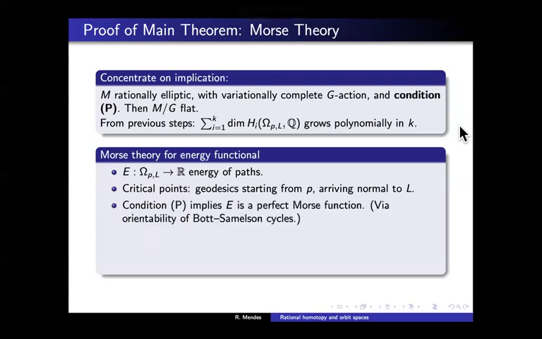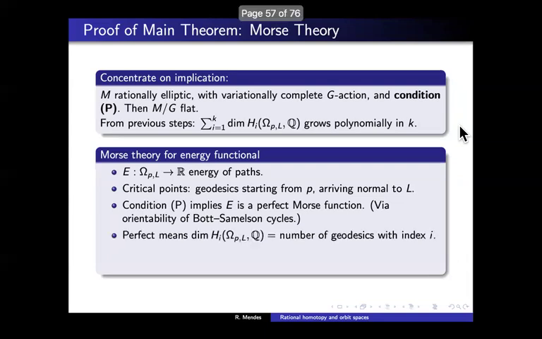Now, the condition P implies that this energy functional is perfect, okay? Where I'm going to remind you what perfect means, right? So all the Morse inequalities are equalities. And it also means that you can compute directly the Betti numbers as the number of geodesics with that index.